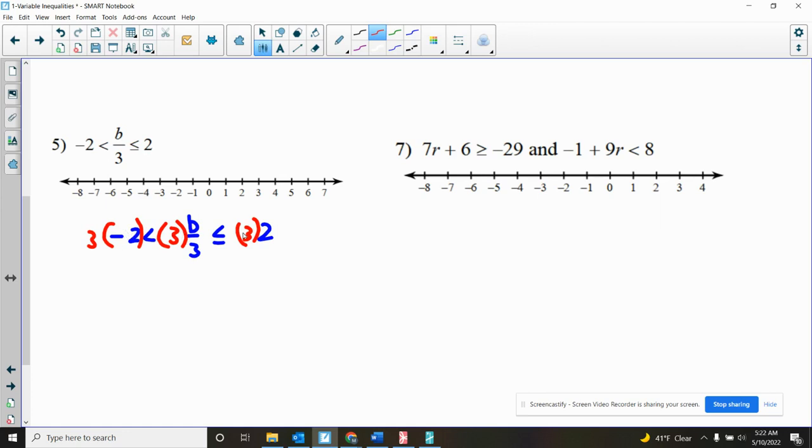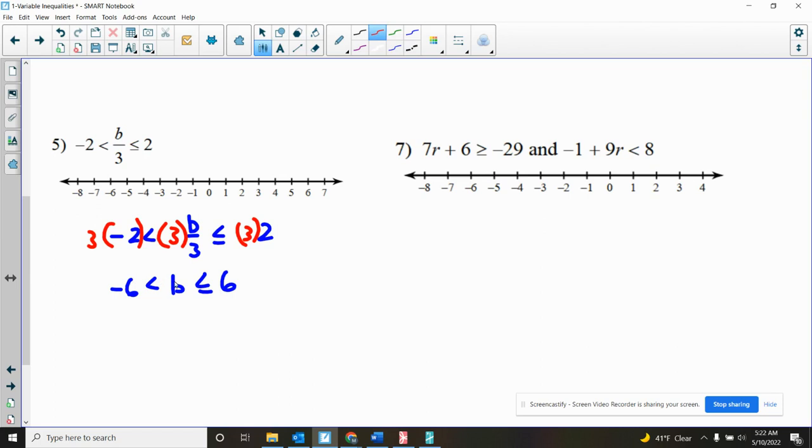So left, center, and right. I'm multiplying by a positive number, so no inequality direction changes. 3 times -2, that's -6, less than b, less than or equal to, and then 3 times 2 is 6. So this is going to give us a segment now.